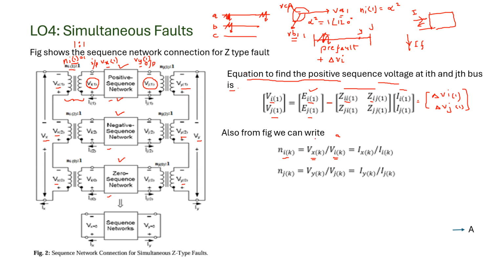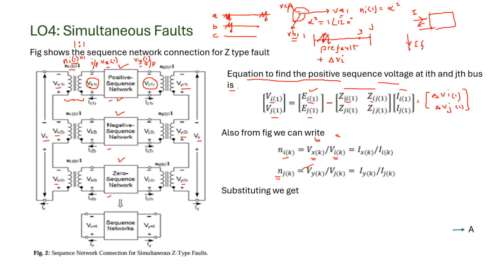Now if the fault is on the B bus, then accordingly we have to accommodate the multiplication by alpha square. So this is on the output port side, and this is the transformation ratio Njk.